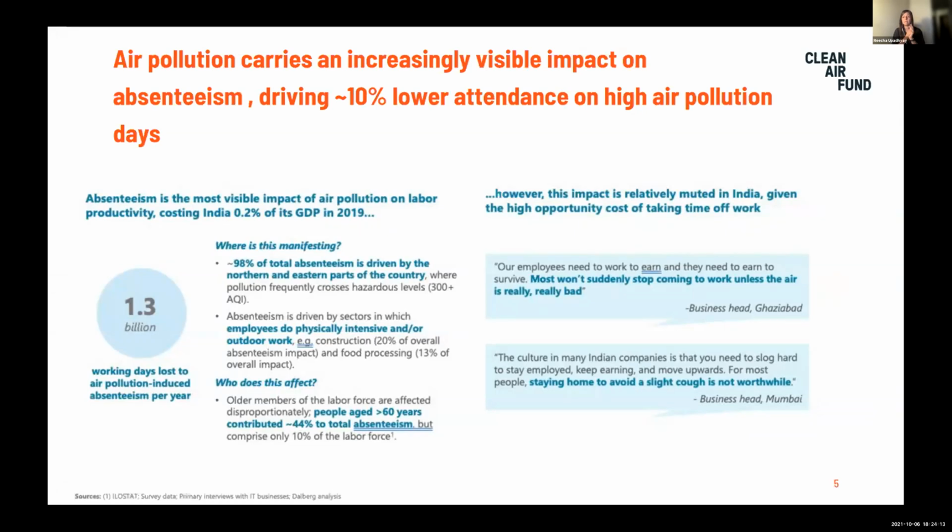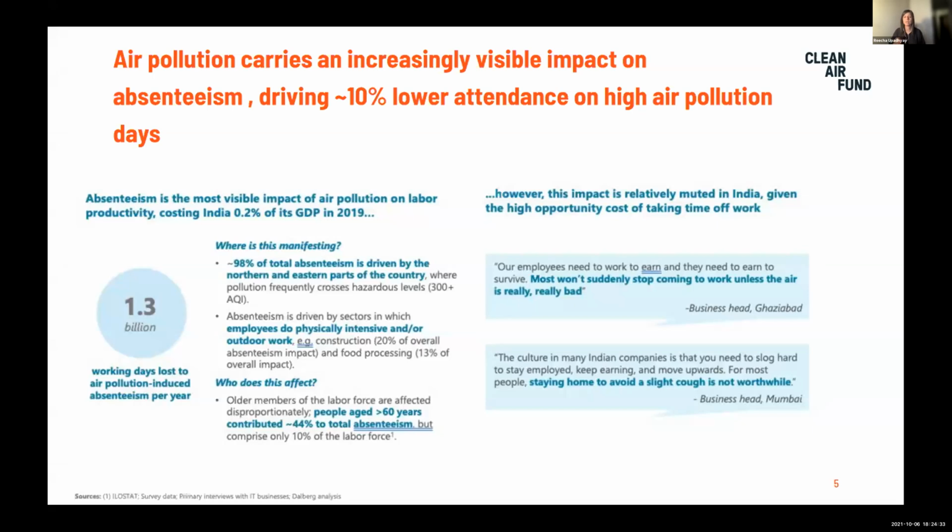People not showing up to work is easier to understand. They have health impacts, both personally and in their family. And so people not being able to show up to work is probably one of the most visible impacts of air pollution on the economy.